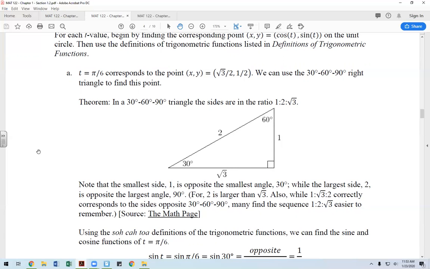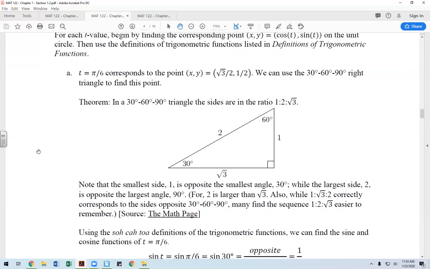So technically, this is incorrect when you write it as 1, 2, square root of 3, because it should actually be in this order, 1, square root of 3, 2, if you're aligning it with these angles of 30, 60, and 90, but it's easier to remember 1, 2, and 3, right? So that's kind of why they switched that order.